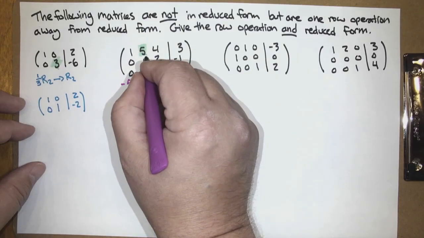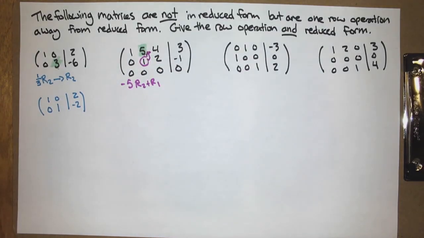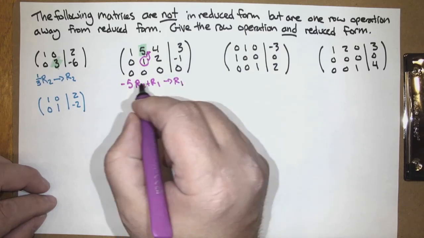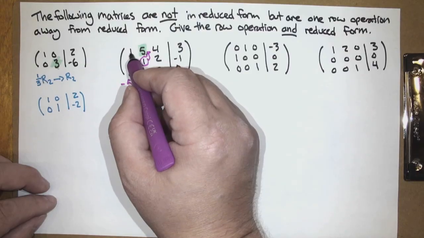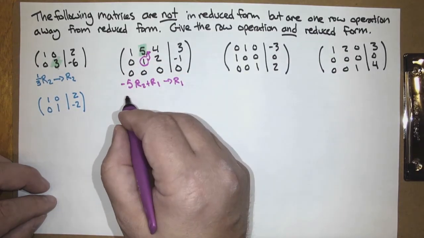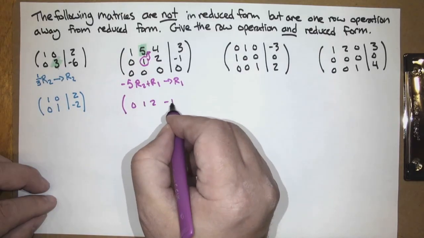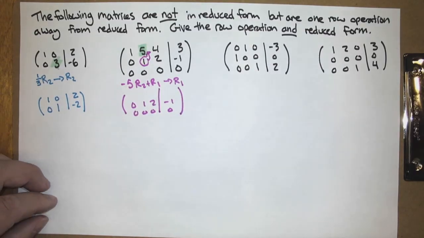So we're using the 1 to knock out the other entries in that column. That's the goal. So we have the 1, we just need to use it to knock out the 5. And that's going to become our new row 1. By design, it won't hurt this column, which has that leading 1 and zeros, because there's a 0 here. So that helps protect that column. So the second row and the third row stay the same, because it's only that first row that's being affected.